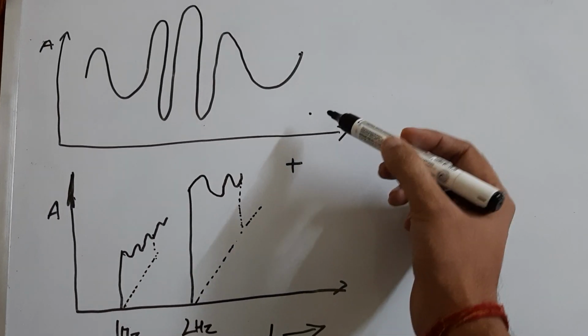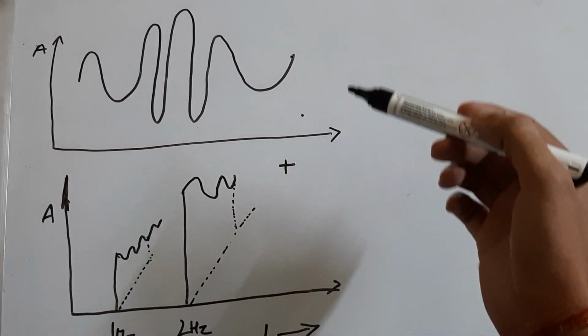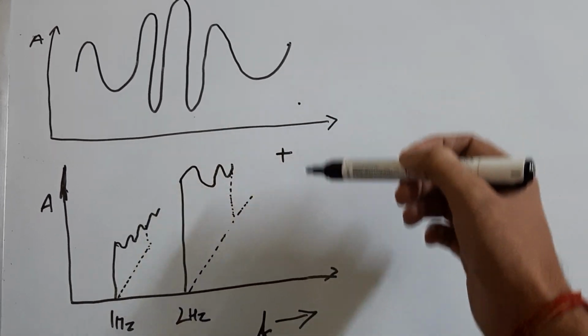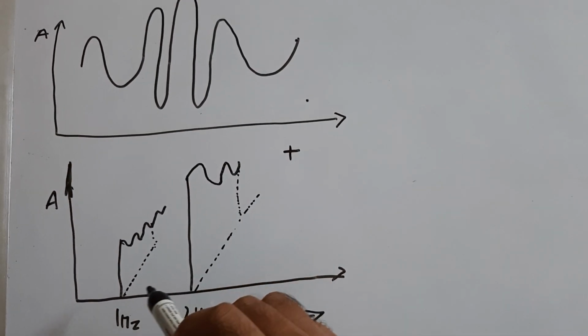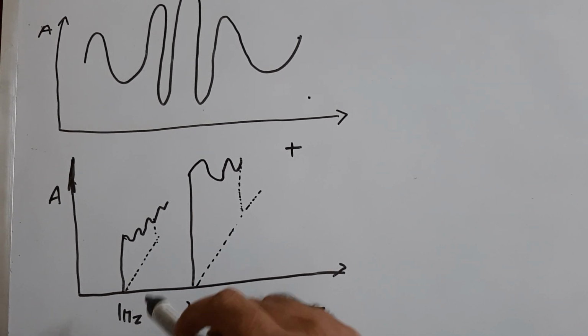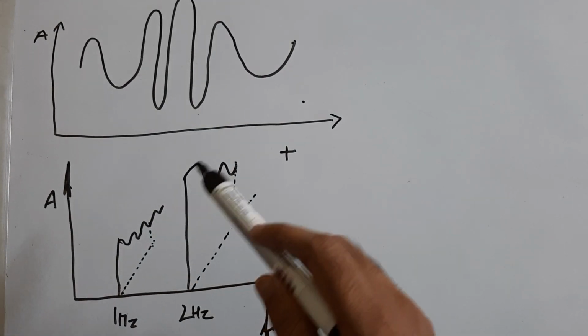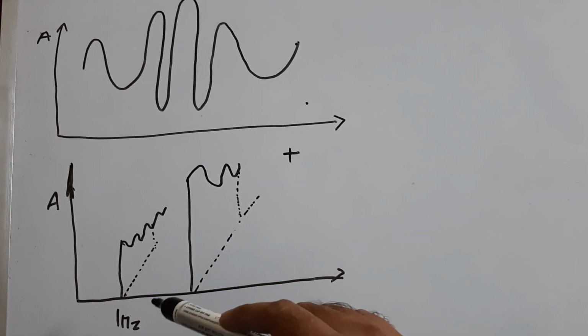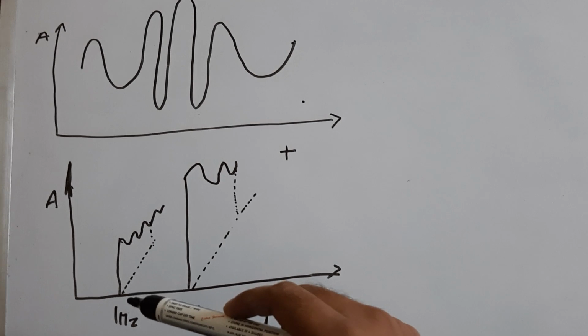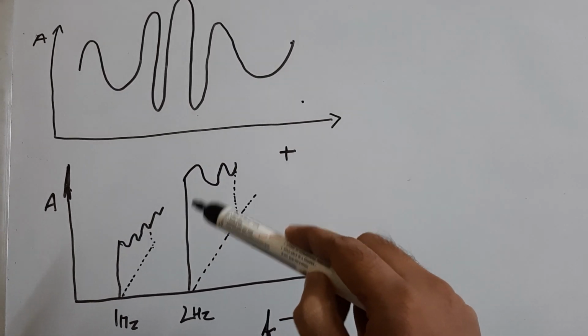But if you map this view into the frequency domain, you get the individual frequency components of the signal. So I am supposing that this signal is made up from two frequencies of 1 hertz and 2 hertz.